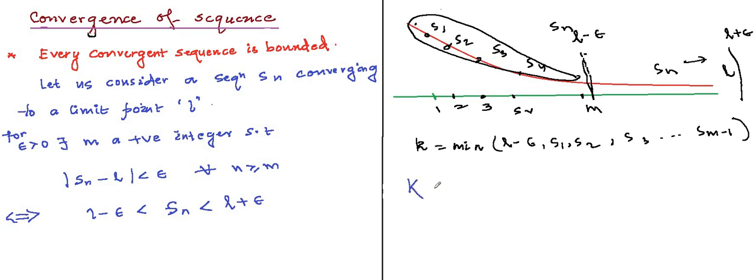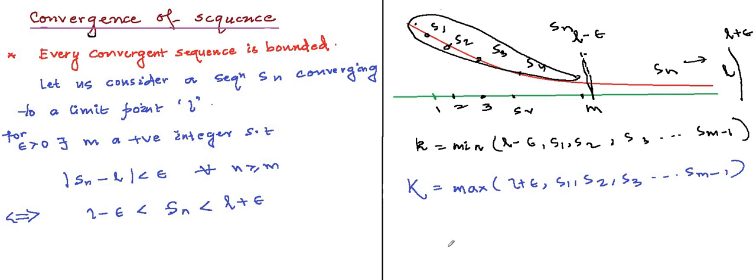Now let's find capital K, which is going to be the maximum value of this same set. That is the maximum of L plus epsilon, S1, S2, S3, dot dot dot Sm minus 1. And this K is again going to be a real number. Definitely from this, one real number can be obtained which will be bounding this sequence from above.